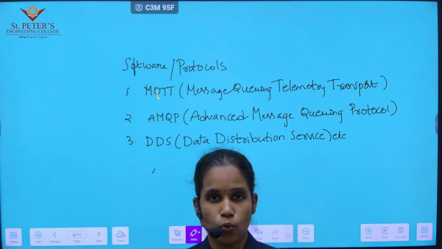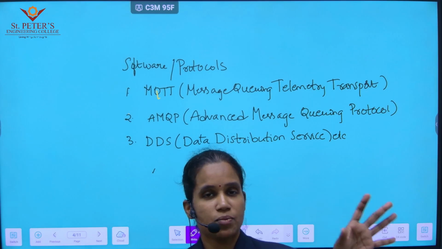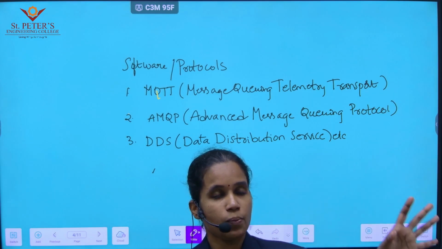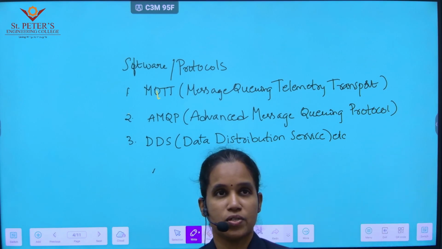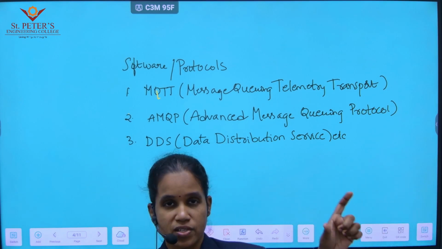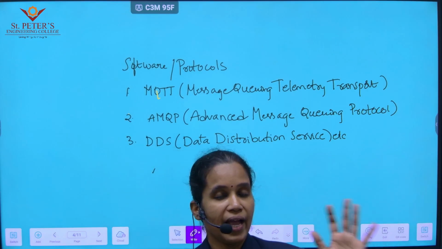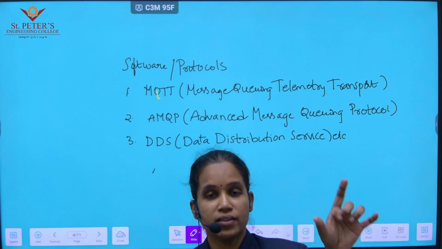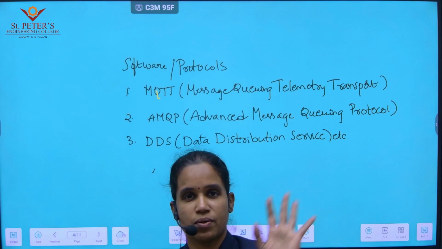Suppose in my home I am using Amazon Alexa, and I have some smart devices, a smart bulb and a smart thermostat. Suppose I purchased the smart bulb from Philips Hue, and the smart thermostat from Samsung, right?